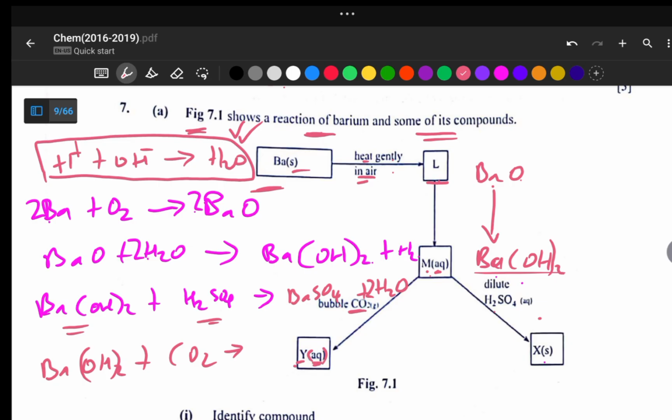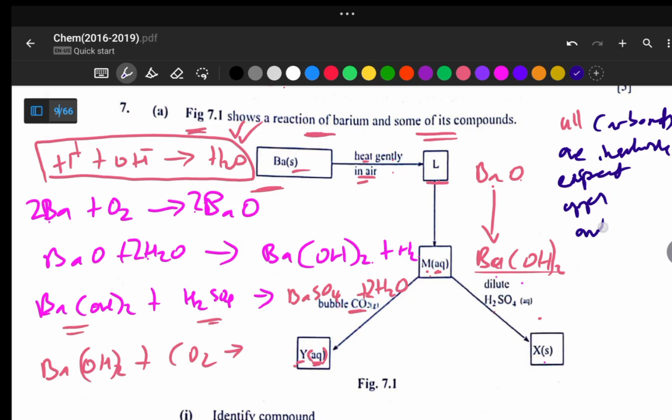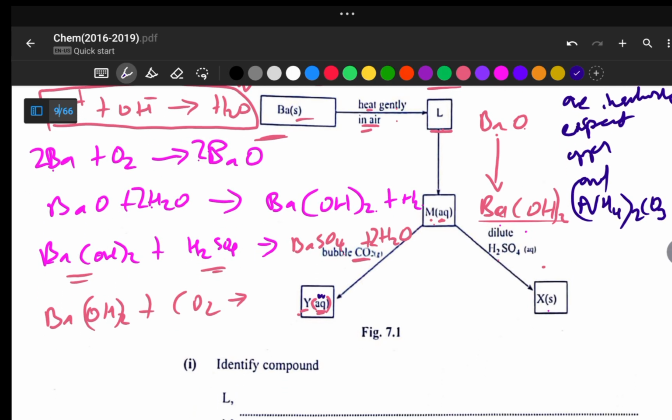All the carbonates are insoluble except those of group 1 and ammonium carbonate. So these are the only soluble ones. So barium carbonate is insoluble, so here we can't have barium carbonate because of this aqueous phase.